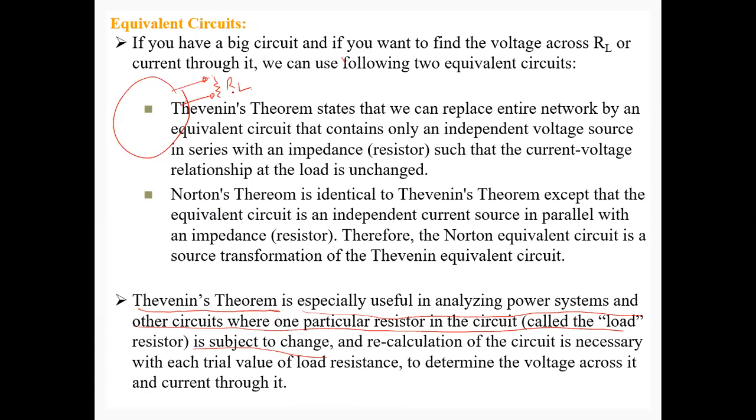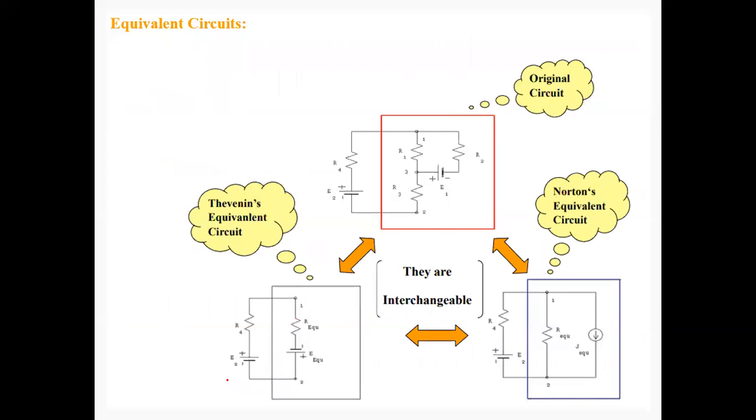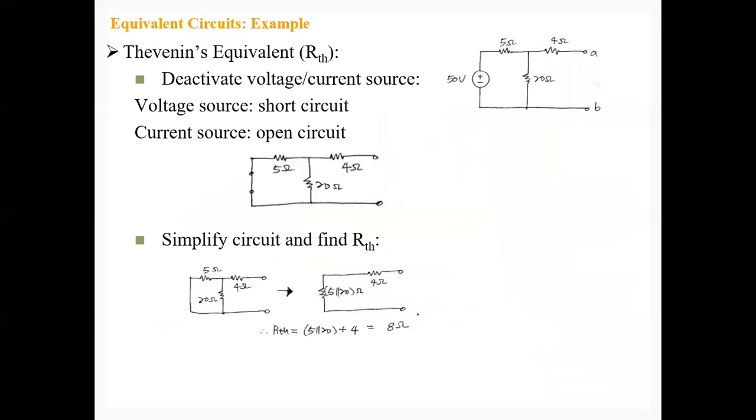You want to find the current through this resistor or the voltage across it. Again, this is the Thevenin and Norton equivalent. This is the entire circuit, which you can represent by this, the Thevenin equivalent, and this, the Norton equivalent, and they're interchangeable.